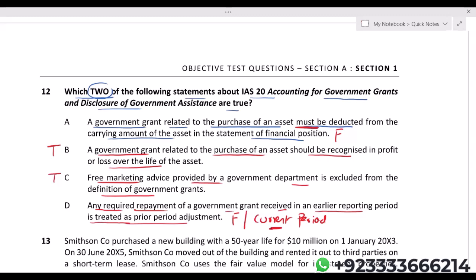Prior period adjustment means I'm supposed to adjust against the opening retained earnings. So we do not treat repayment of an earlier period government grant as a prior period adjustment. We treat it as a current period adjustment, and the impact comes in the current year P&L. That is why statement D is incorrect. So the true statements are B and C.